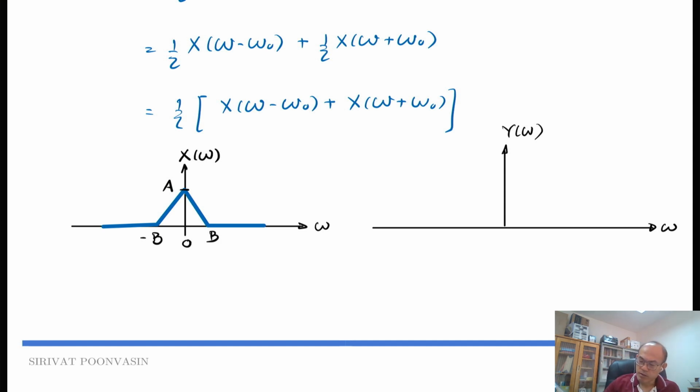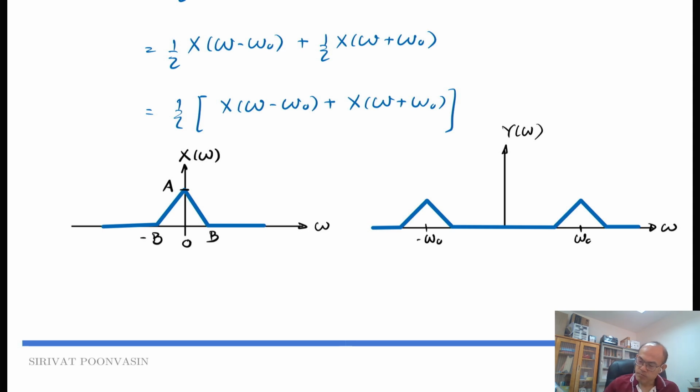So it would be this. Well, let me mark those frequencies down. So this is the spectrum of y.